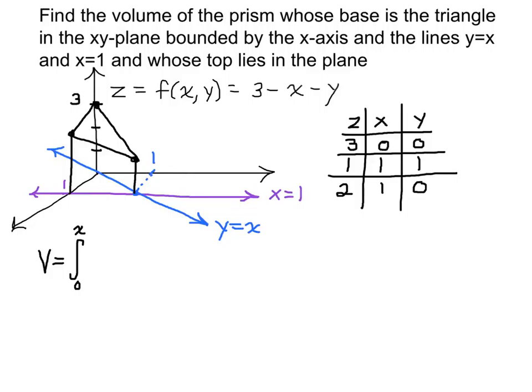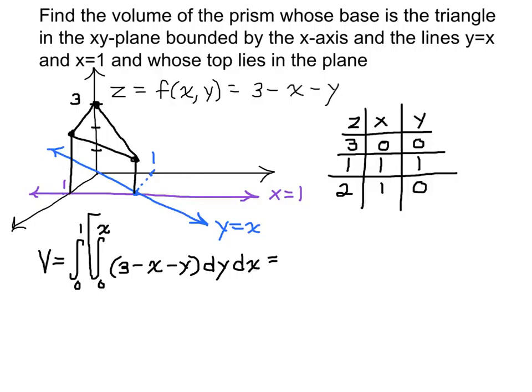Oops, that's 0 to 1, not x. And then we're going to integrate from 0 to x along the y-axis, and then our integrand will be our z, f of xy, which is 3 minus x minus y, and our inner variable of integration is y, and our outer variable of integration is x.